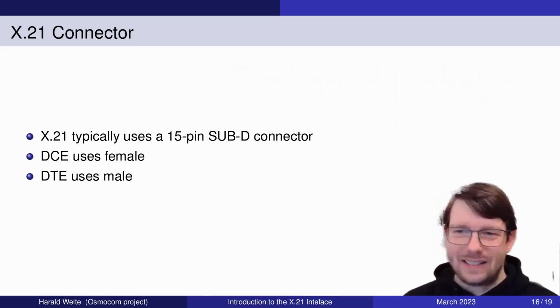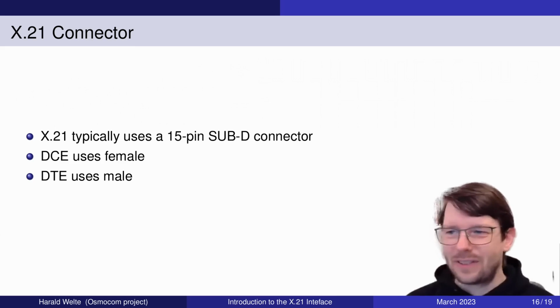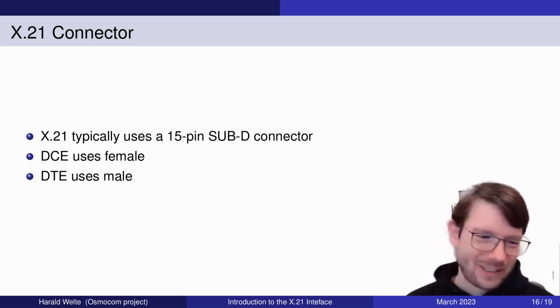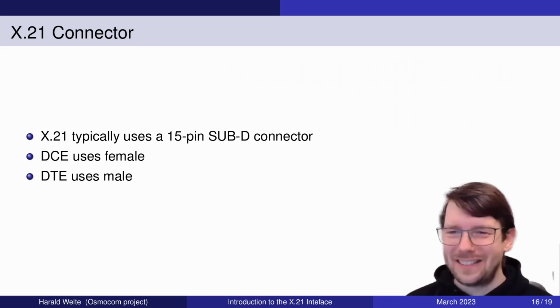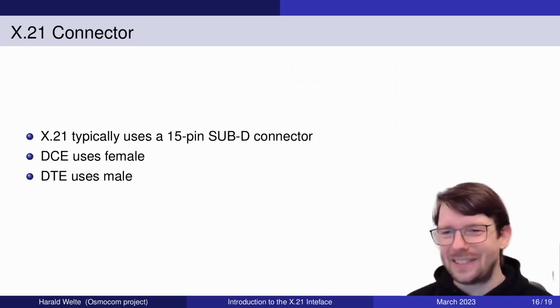And it's specified not in X.21, but X.21 refers to ISO 4903, which I couldn't find any copy of online, and I'm not going to pay more than 100 euros for a spec that's, I don't know, 40 years old or whatever. But I found some other literature which states that ISO 4903 claims that the DCE shall use female and the DTE shall use a male connector.